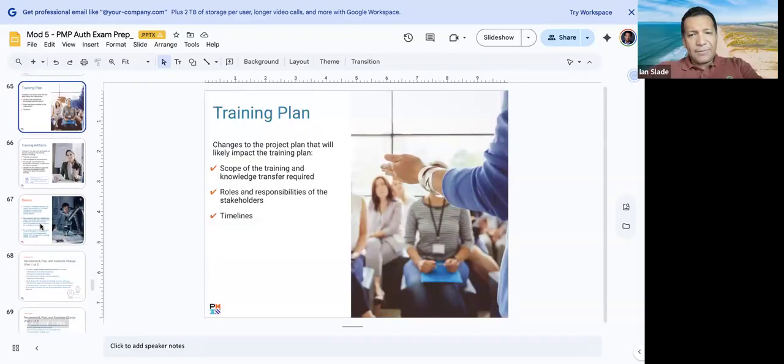All right. Training plan. When you think about the training plan, make sure that it goes beyond just the classrooms, the virtual classrooms, the Zoom classrooms, who's showing up and materials, but also think about making sure that you cater to as many types of learners as possible. There are the very visual learners, right?